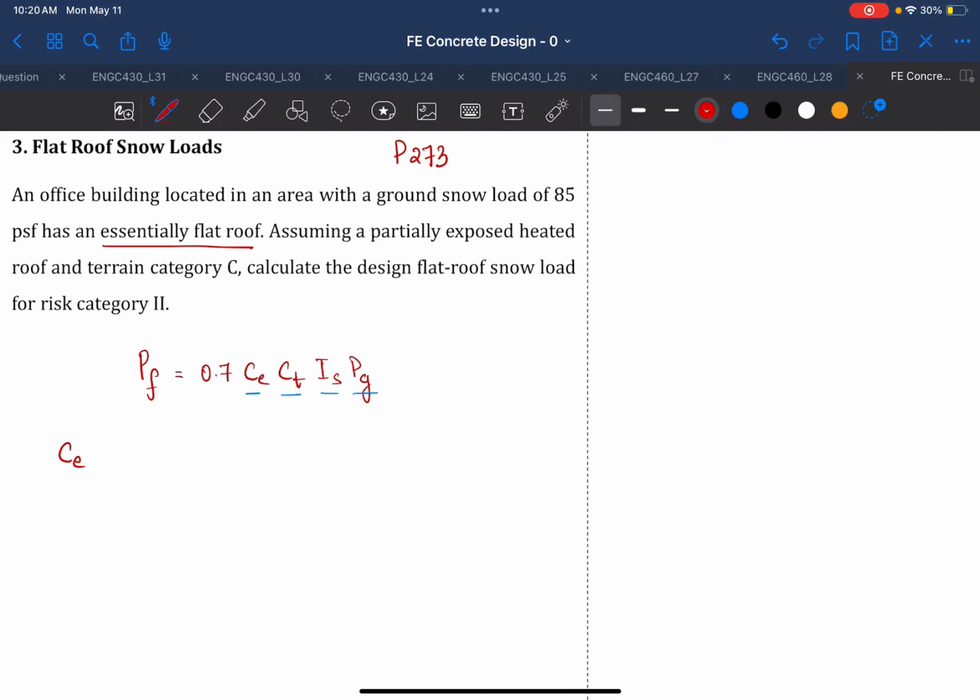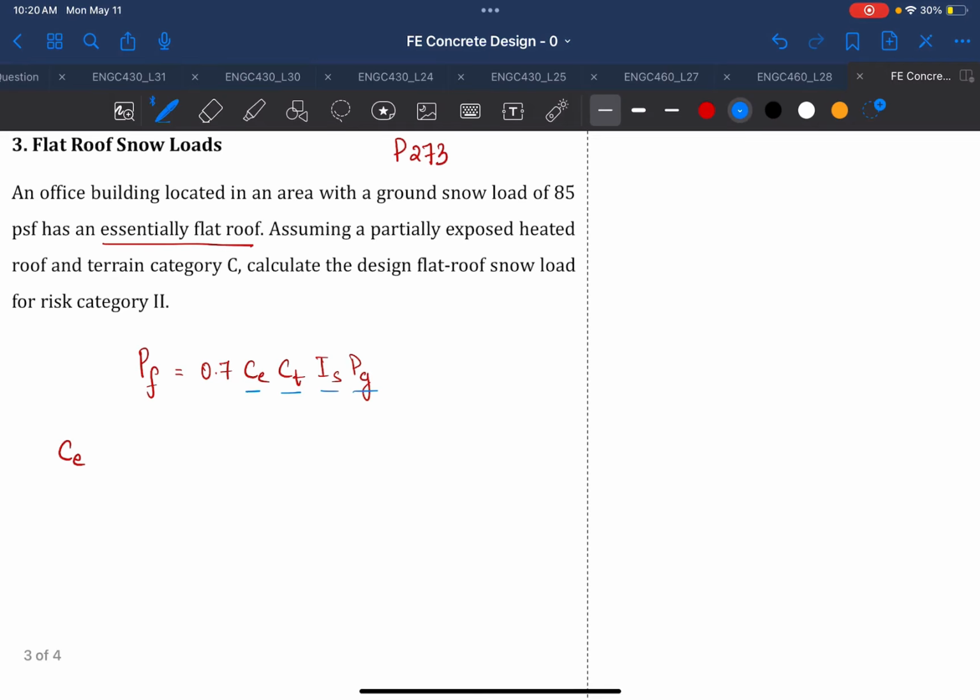In this case, the question says your building is in terrain category C and it is partially exposed. So in this case your CE will be equal to 1 for category C and partially exposed.